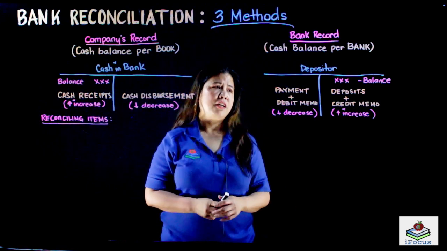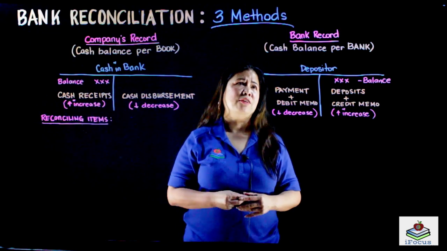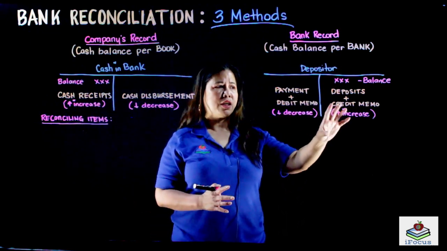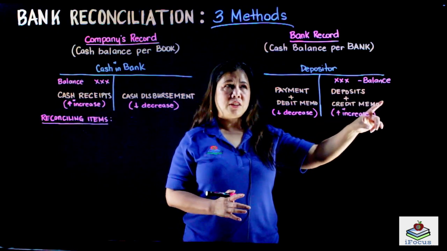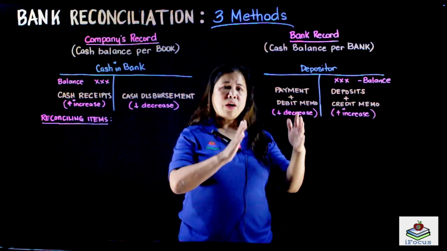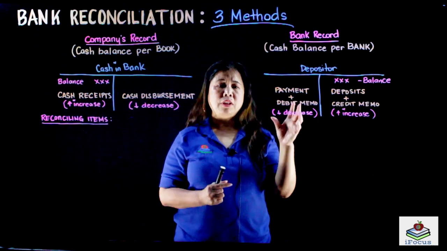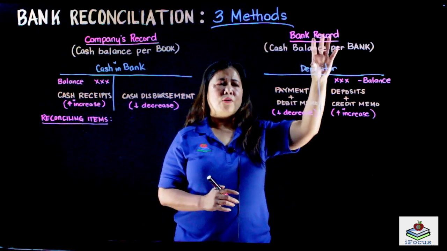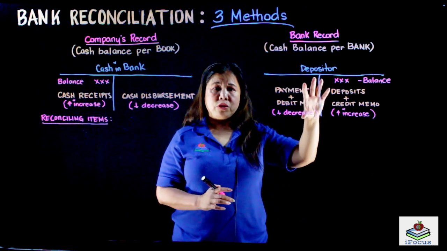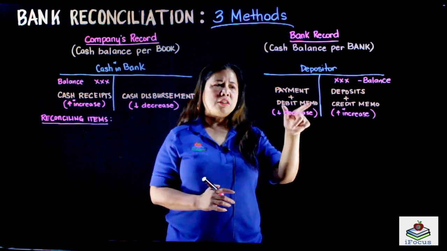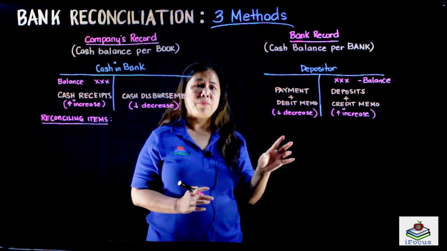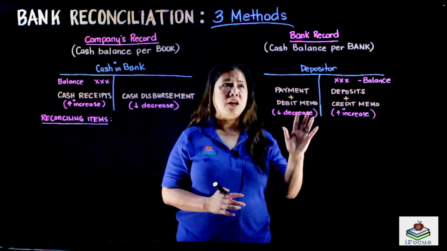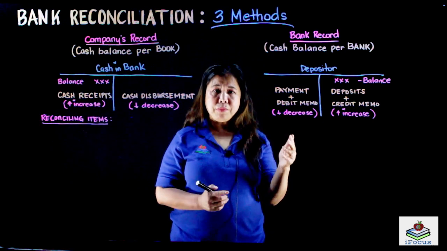On the other hand, sa depositor's account on the bank's record, the normal balance on the depositor's account is on the credit side, on the bank's record. On the debit side, ito yung mga payments ng company, yung mga cheque na binayaran ng bangko at binawas niya sa depositor's account. So, on the debit side, we have our payments, yung mga cheque na in-acknowledge ng bangko, plus mga debit memos.